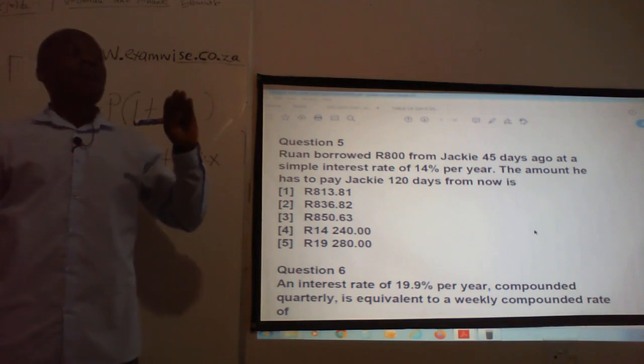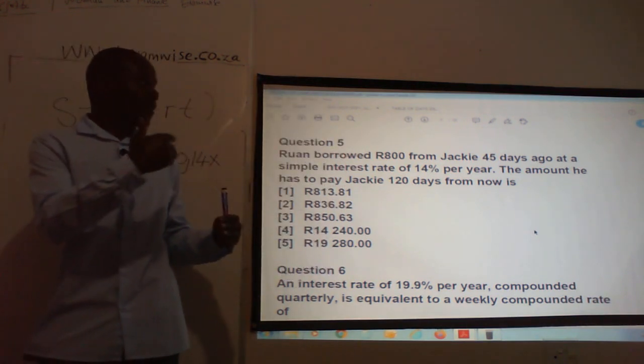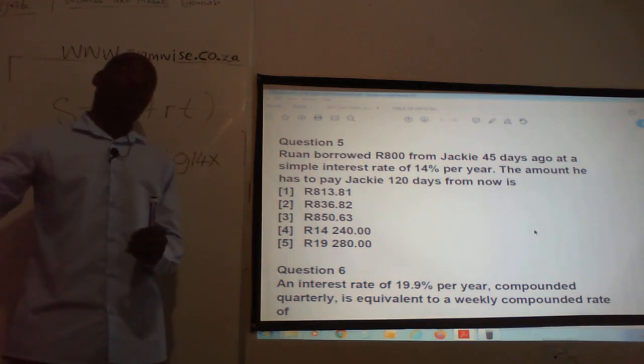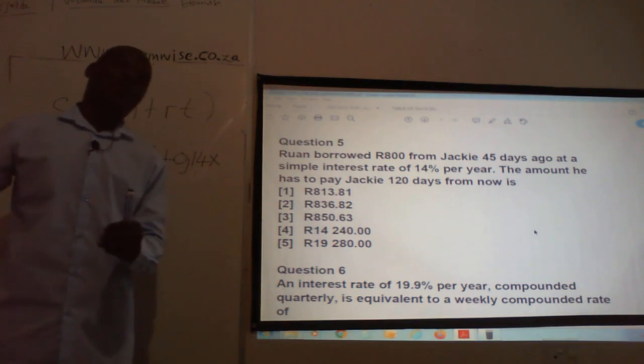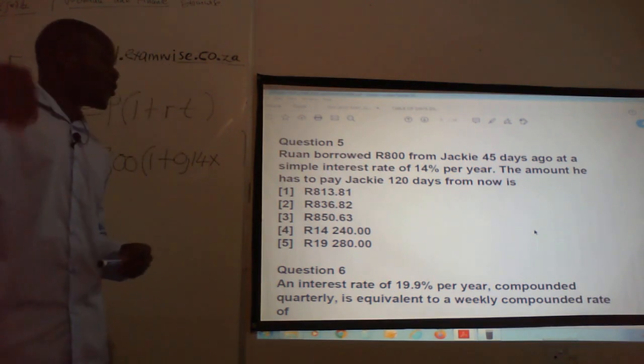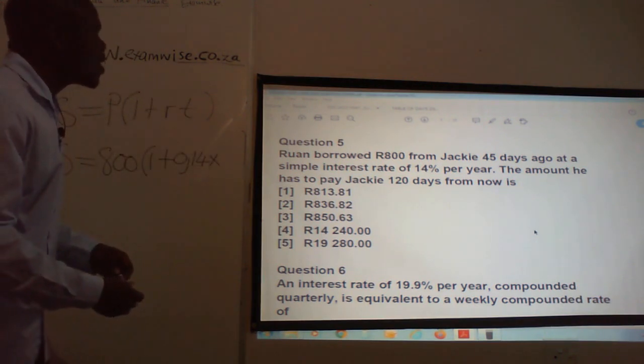So when we are calculating our future value, we don't start from today, because the amount was not borrowed today, but 45 days ago. So we have to go back to the starting point, the date on which the money was borrowed.